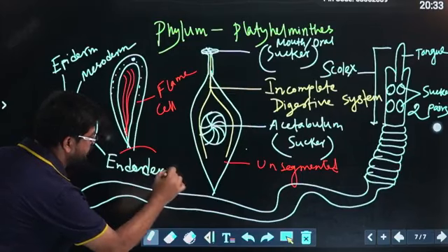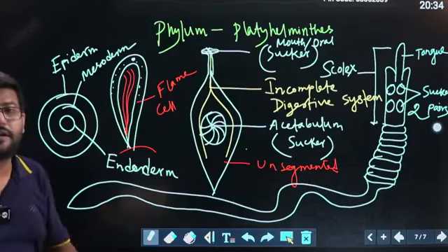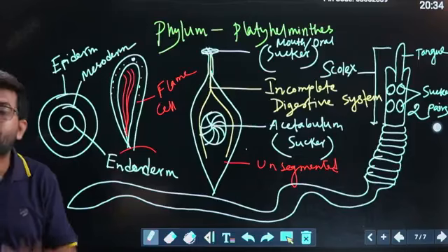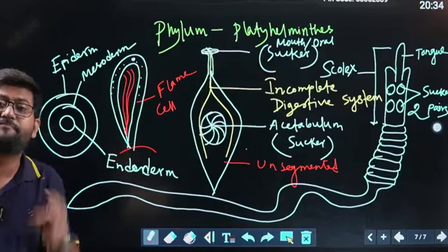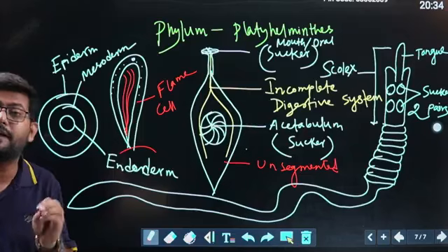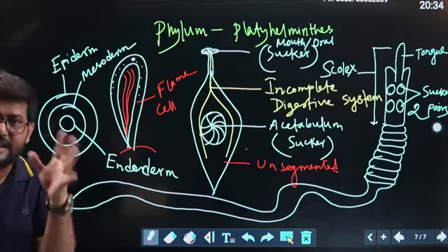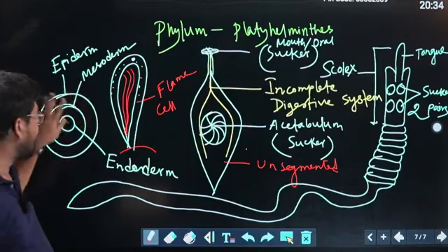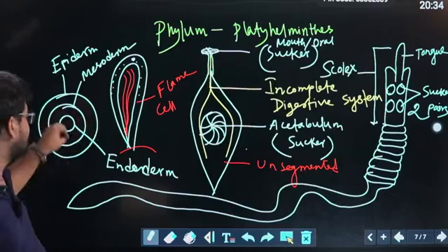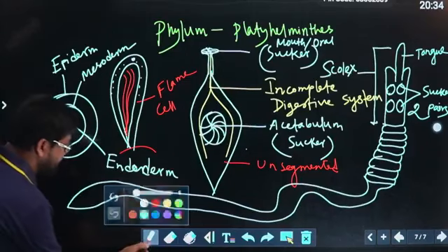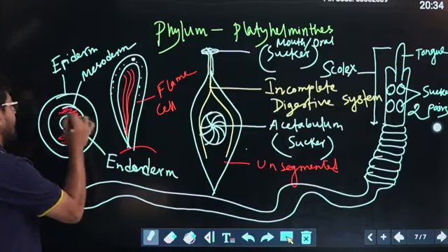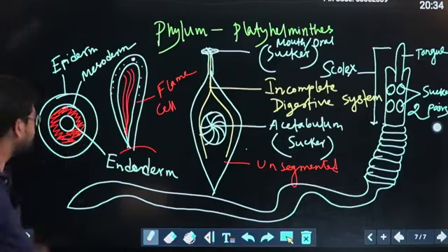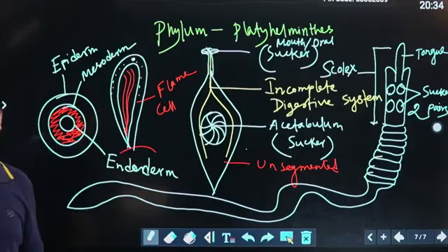But you have to remember that it is still an acoelomate phylum. That means their body cavity is absent. Rather, that cavity is filled with parenchymatous cells, like the plants. Plants have parenchyma cells. So many parenchyma cells are deposited in the middle of this layer. For that reason there is no special body cavity. That is why it is an acoelomate animal.